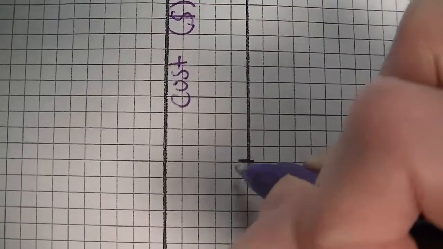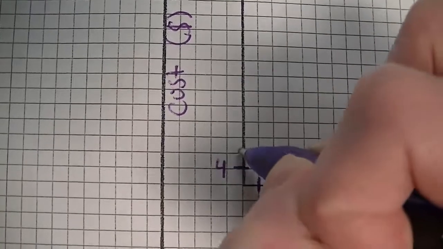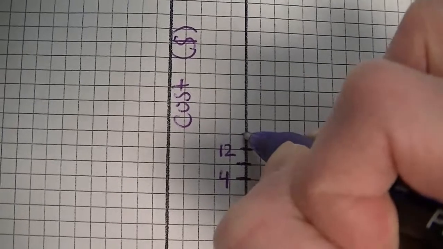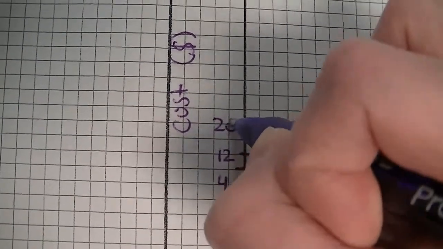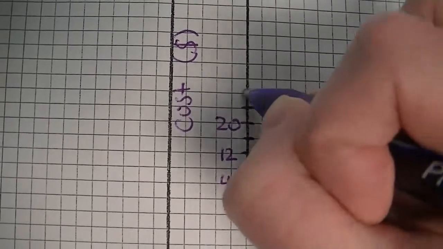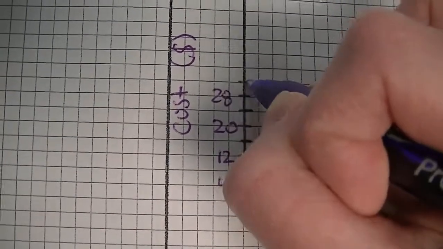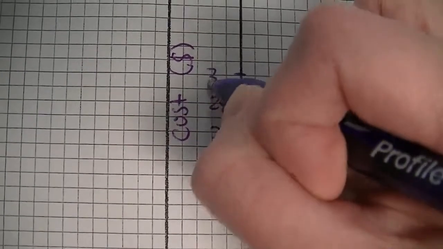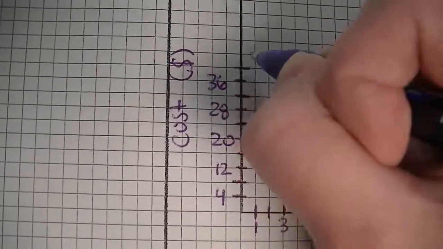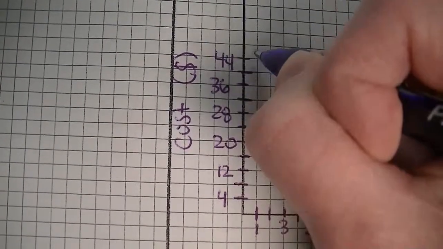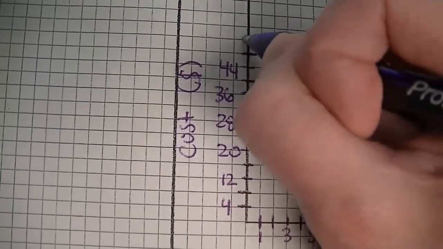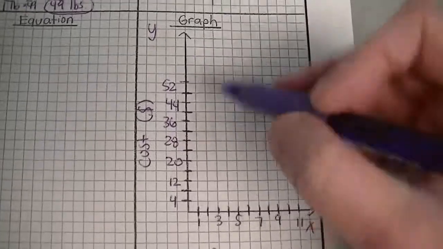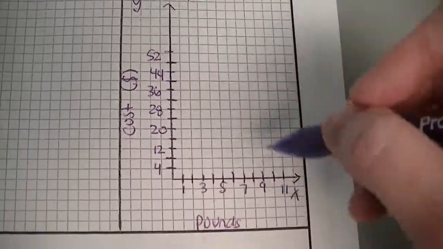Well, this first little guy right there is 0, but that's 4, 8, 12, 16, 20, 24, 28, 32, 36, 40, 44, 48, 52, and you can keep going if you want, but you don't have to. That signifies that it'll go on forever in either direction, okay?